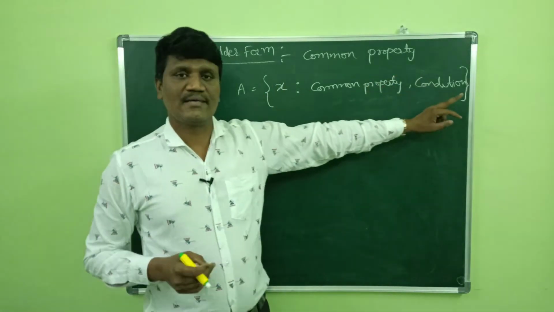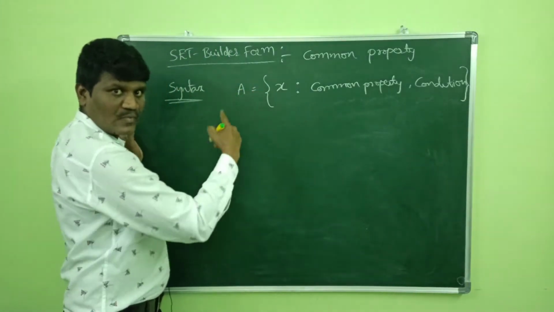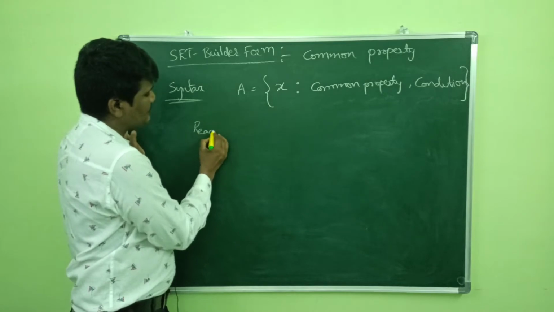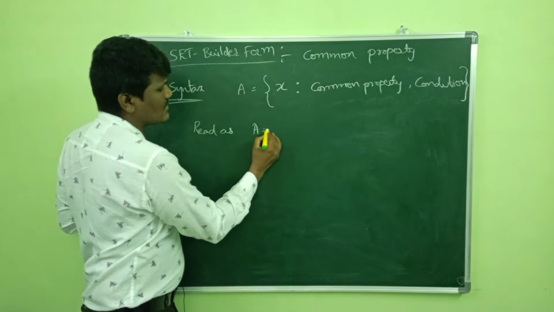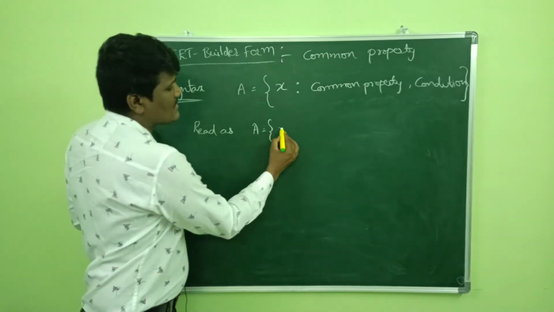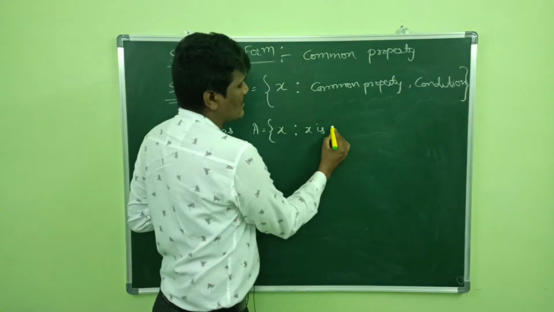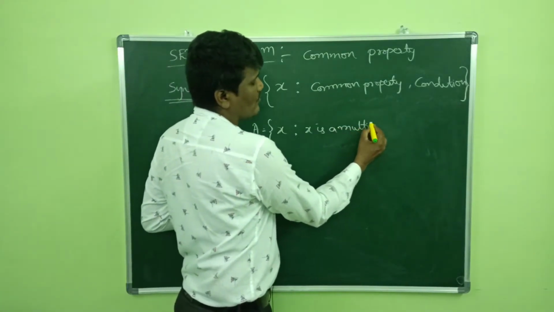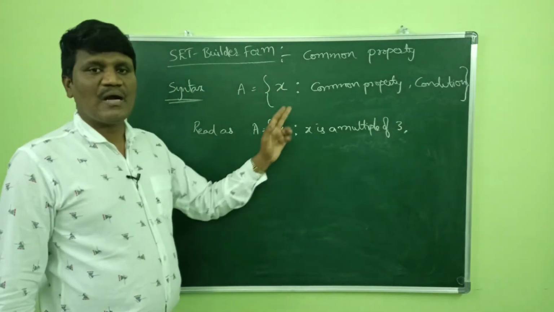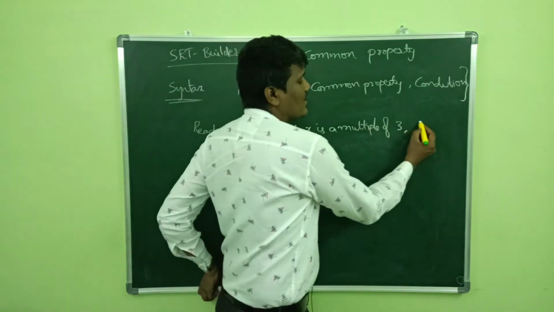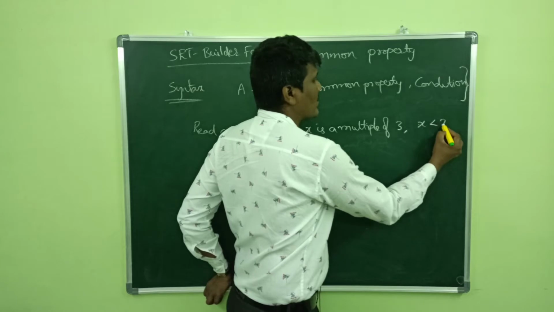So one condition. Let us see an example and how to read it, read as "x such that". Suppose A = {x such that x is a multiple of 3 and the condition is x less than 20}.